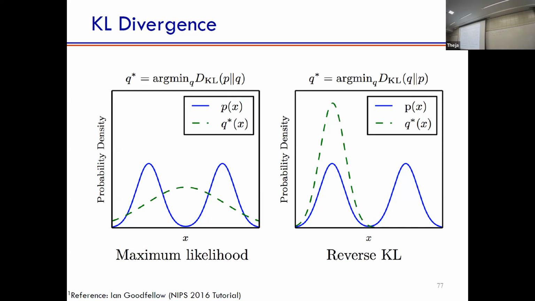Let's say the original distribution is this bimodal distribution. Obviously, with a bimodal distribution there's no perfect Gaussian fit, unless you have a mixture of two Gaussians. But in this figure on the left side, we're showing that if you use KL divergence and find the best Gaussian fit to P, then that's going to be this Q star, which is going to look like this.